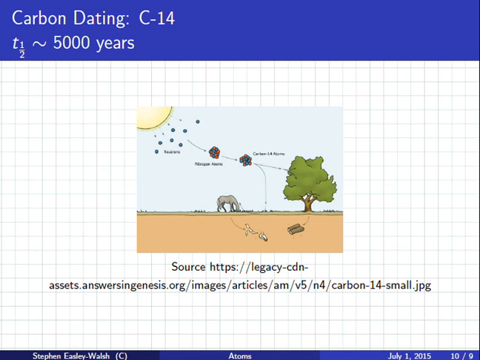I don't know. Maybe there's one example of something that's alive that has no carbon-14 in it, but I don't think so. I think everything that's alive has carbon-14 in it.